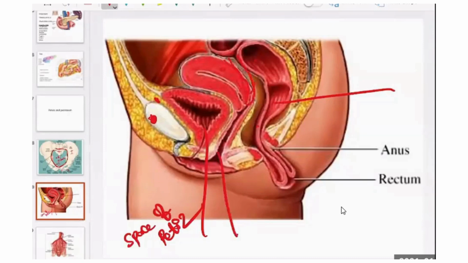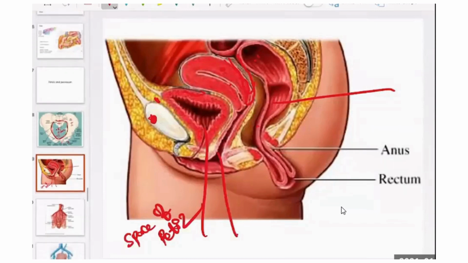The pouch present between the bladder and the uterus is called, what is this? Uterovesical pouch. So there are two pouches in female. Those are the dependent part of the pelvis. Is it clear?